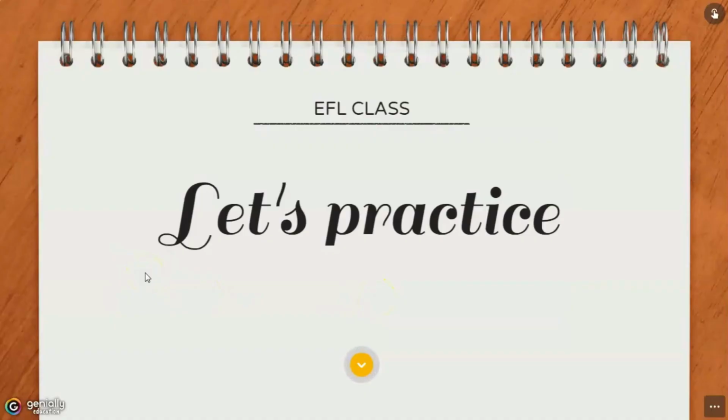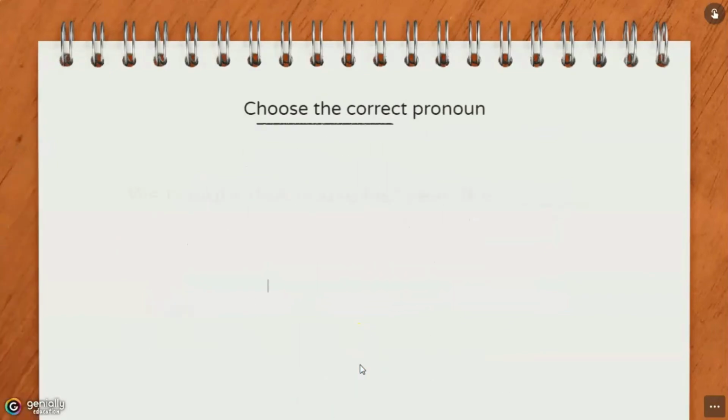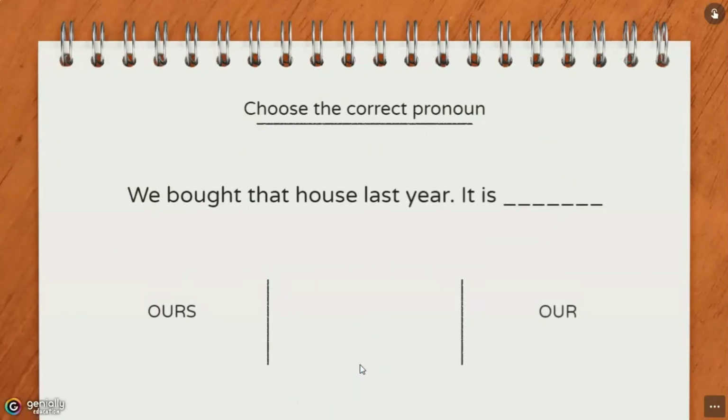Now let's do a short practice. Choose the correct pronoun. The sentence reads, we bought that house last year. It is. What do you think is the correct pronoun? Ours or our? Let's click on ours.